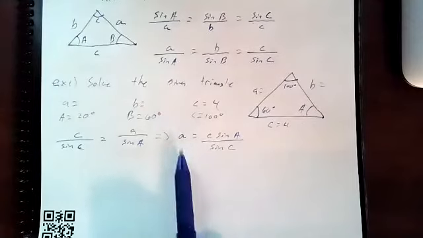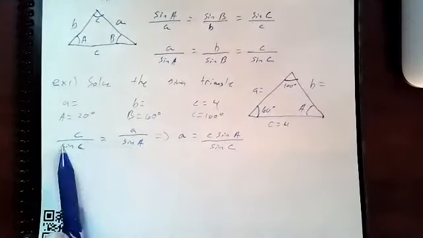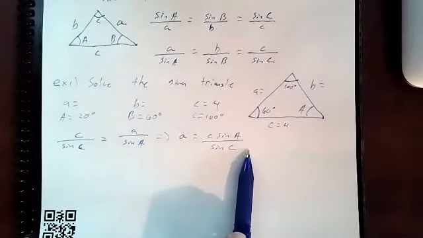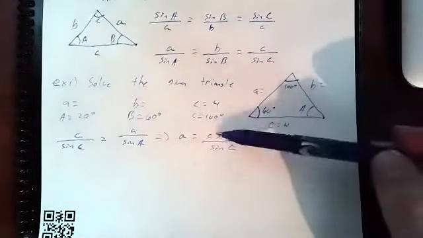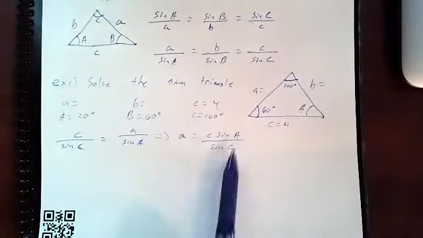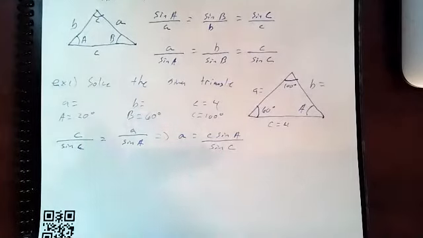I skipped a step. You multiply both sides by sine A. So we have all these pieces, so you just plug them in and you'll find a. So basically I made a formula for you.